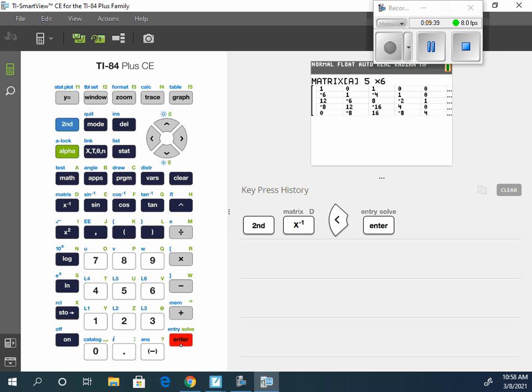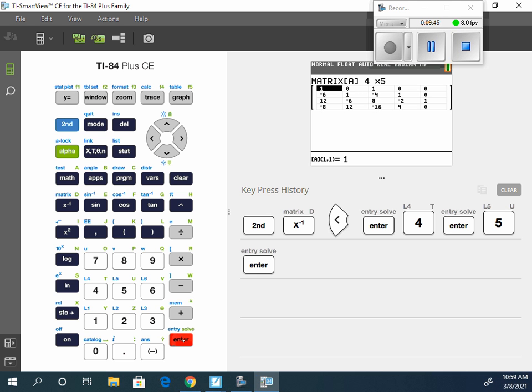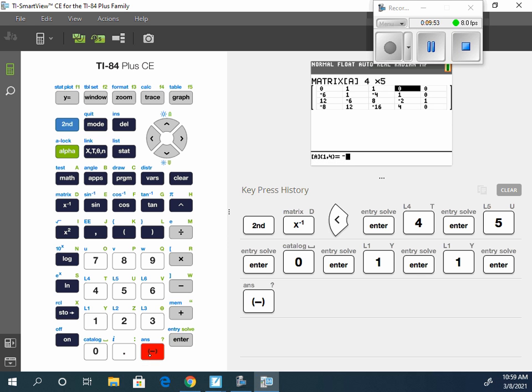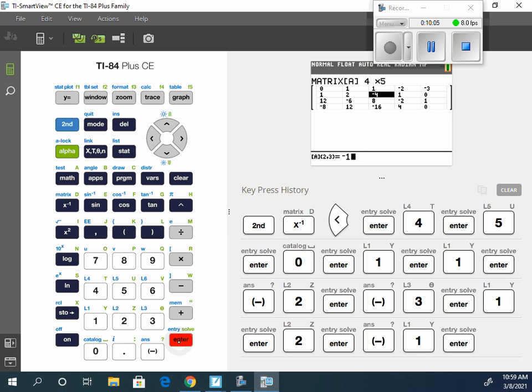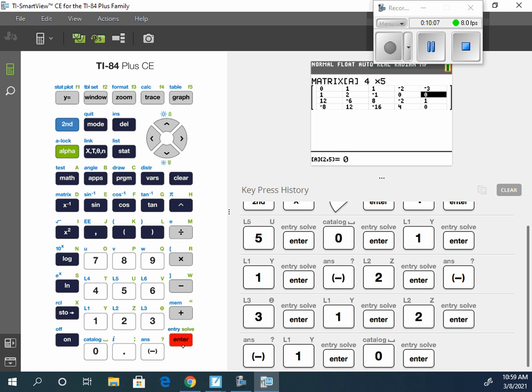It is a 4 by 5: 0, 1, 1, negative 2, negative 3. 1, 2, 1, 0, 2.